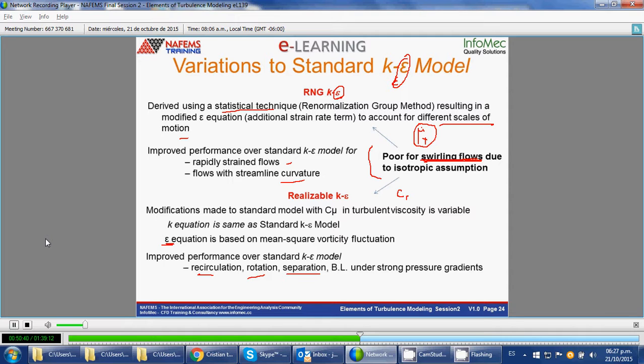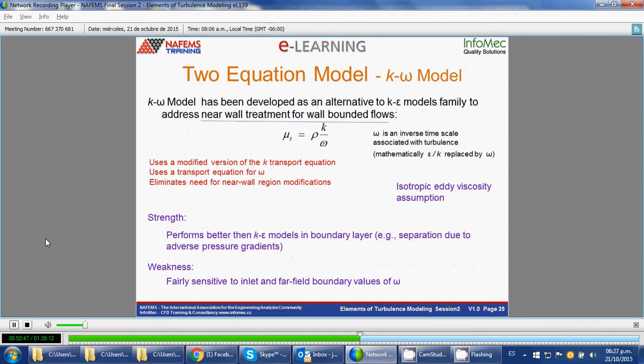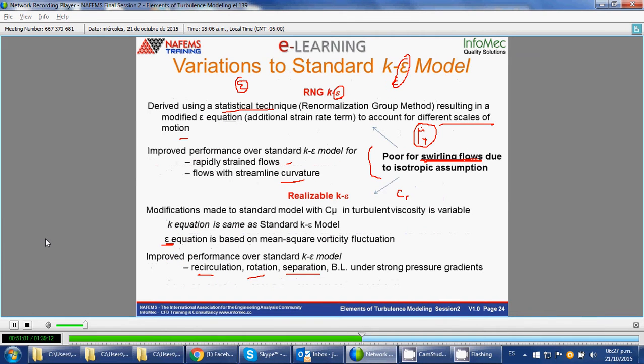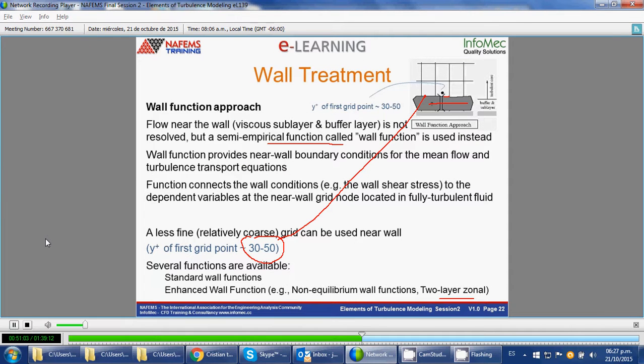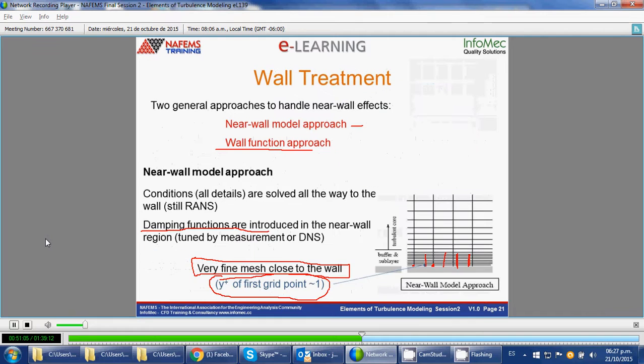And then again, people said epsilon is the problem, so why don't we replace it with something else? So Wilcox came in with the k omega model, and it's an alternative to k epsilon because you didn't have to worry about whether you're going to go wall function or wall integration, and if you go to wall integration, you have to do some sort of damping function and all that stuff.